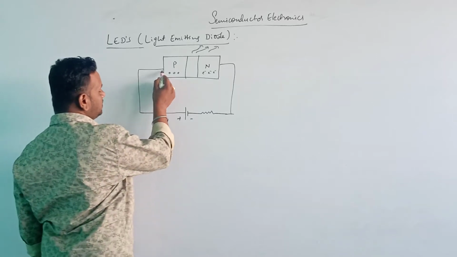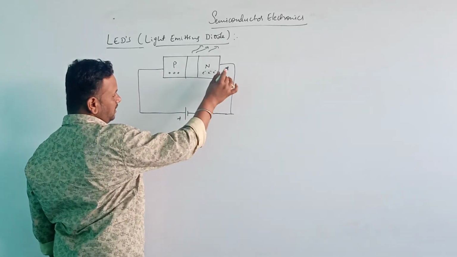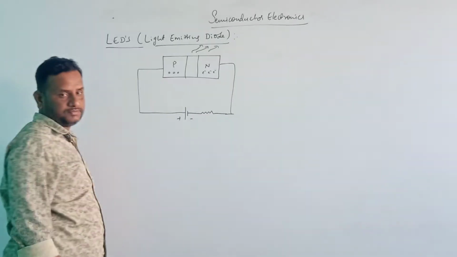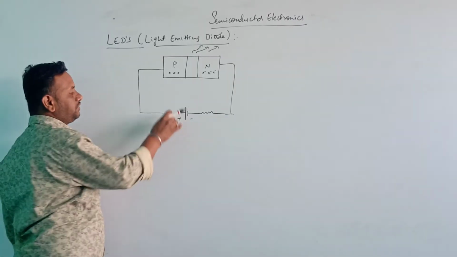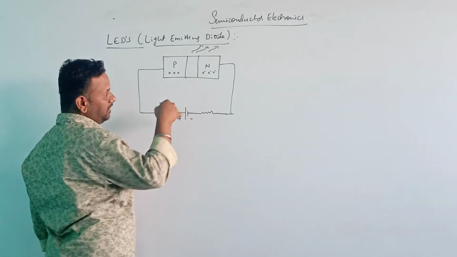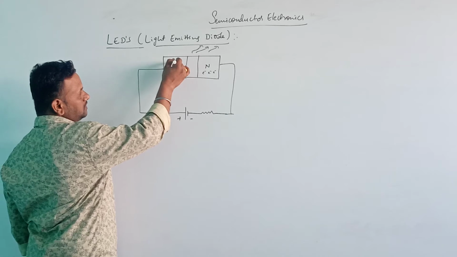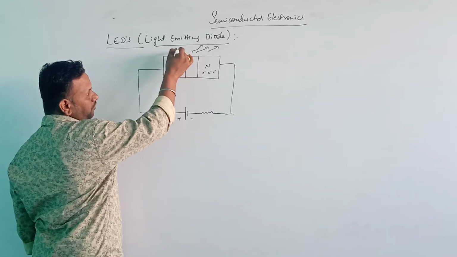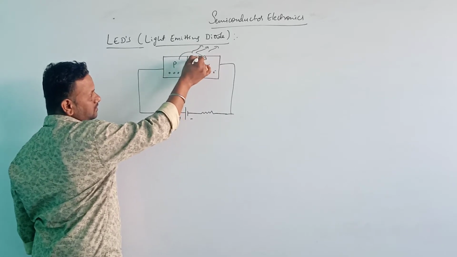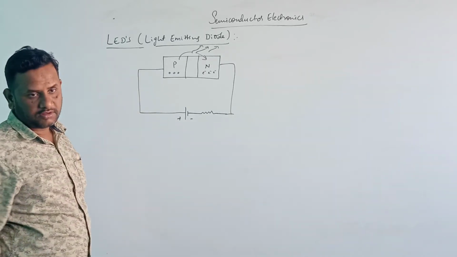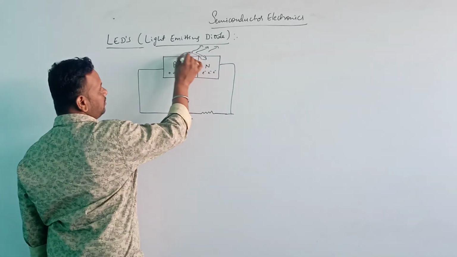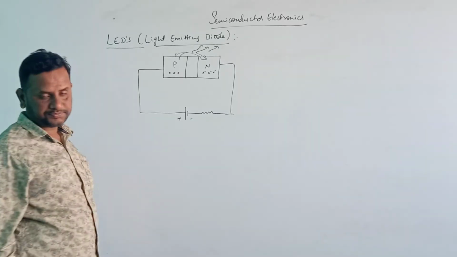Now, because of repulsion, the holes will reach the N side and the electrons will reach the P side.